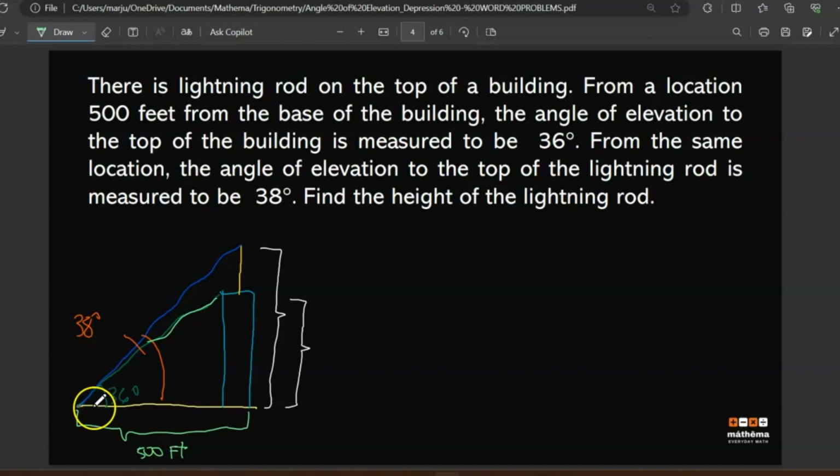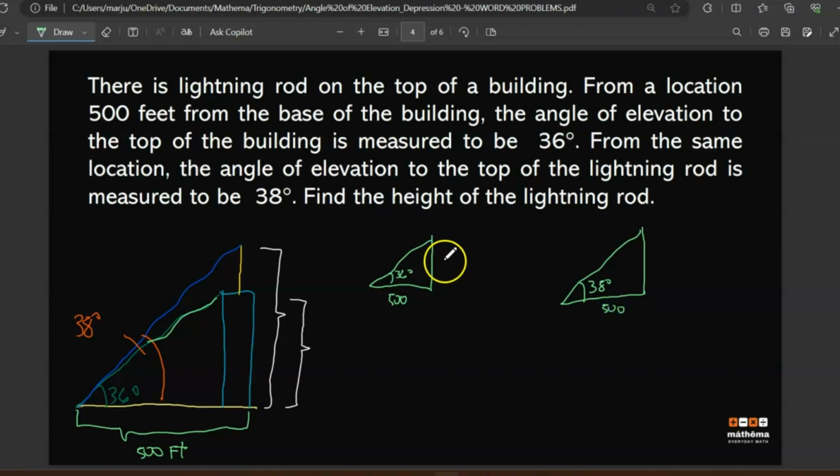So what we're going to do now is do again our ratio. Let me just extract this part. The height of the building should be this. This is 36 degrees, and this is 500. And the height of the entire thing from the ground up until the top of the lightning rod will be this illustration. This is 38 degrees, and again this is 500.